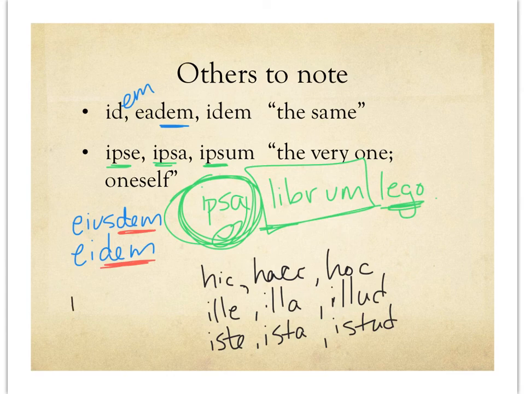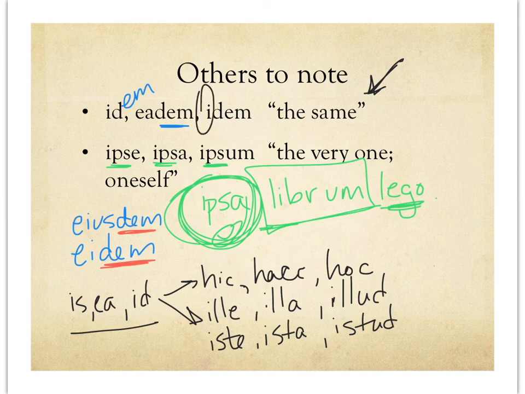And we have is, ea, id, which can mean this or that, or it can mean he, she, it. And in addition to those, we have these extra sort of forms, idem, eadem, idem, which means the same, where we're going to decline this part. And we have ipse, ipsa, ipsum, which means the very one or oneself.